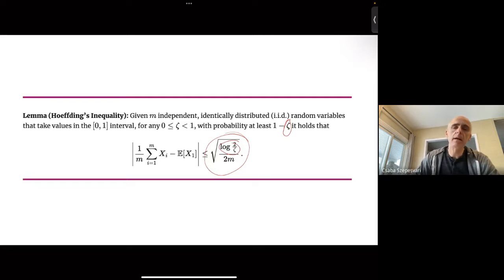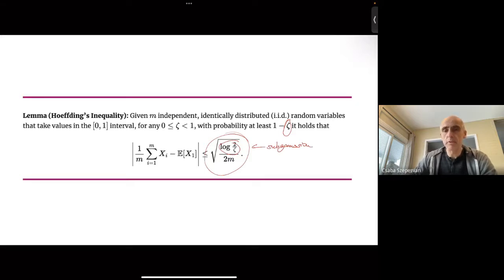And when the zeta dependence shows up like this, you have log of 1 over zeta under the square root, we say that this is a sub-Gaussian tail. And the reason for that is that for Gaussian distributions, this is the tail behavior that you expect to see. An elementary calculation shows that.